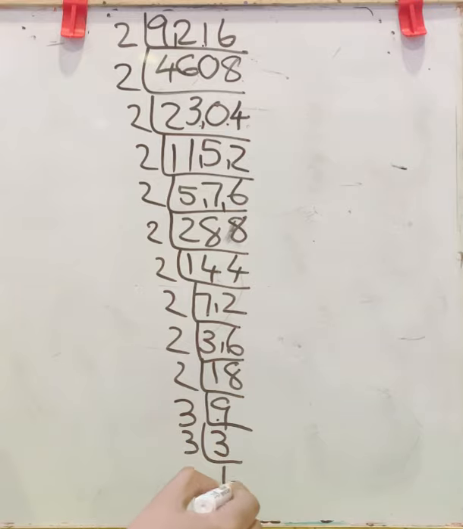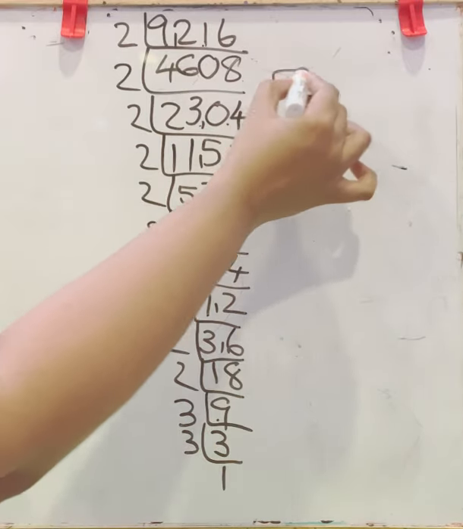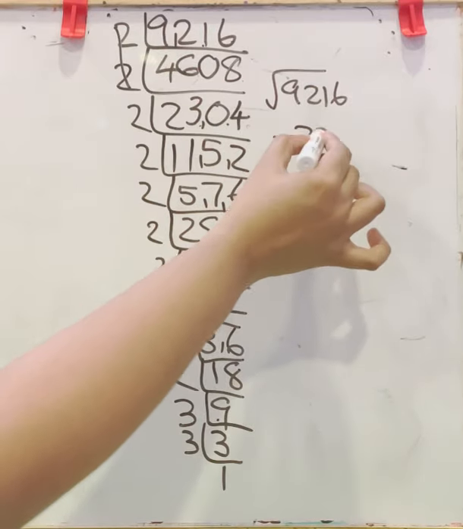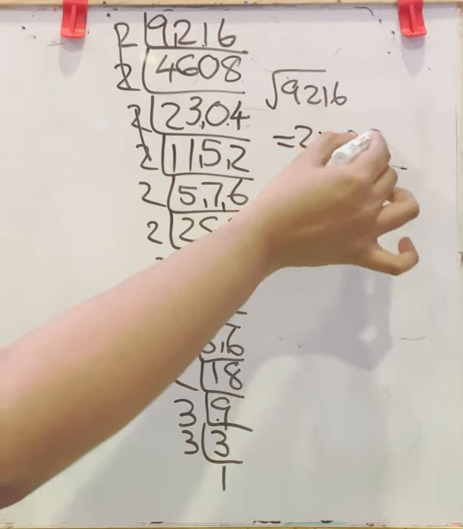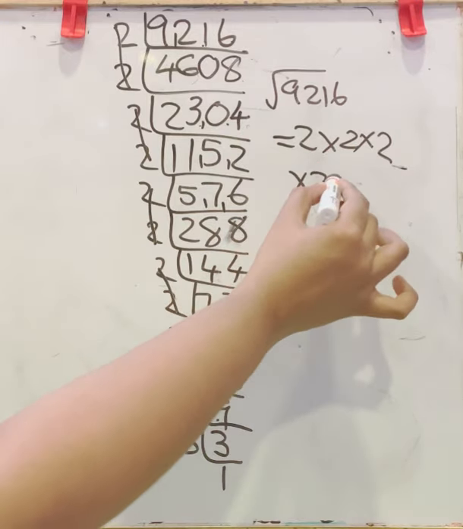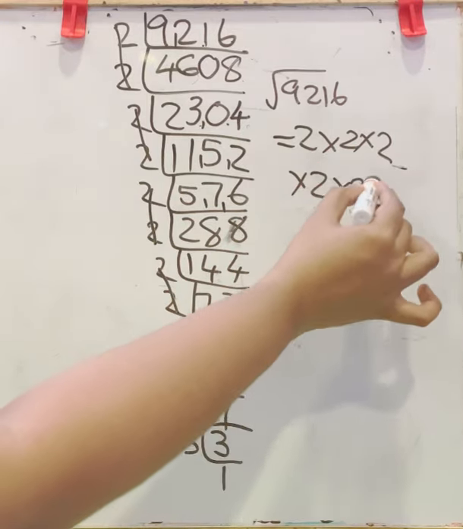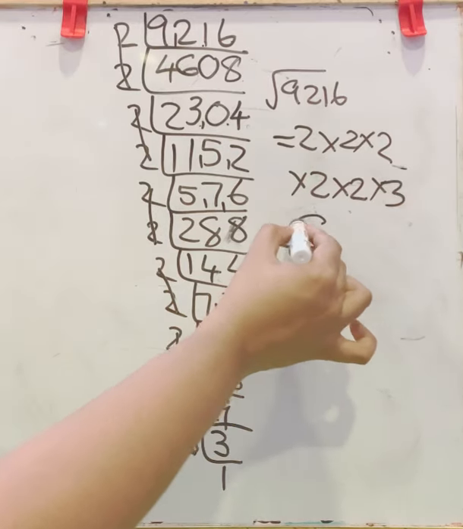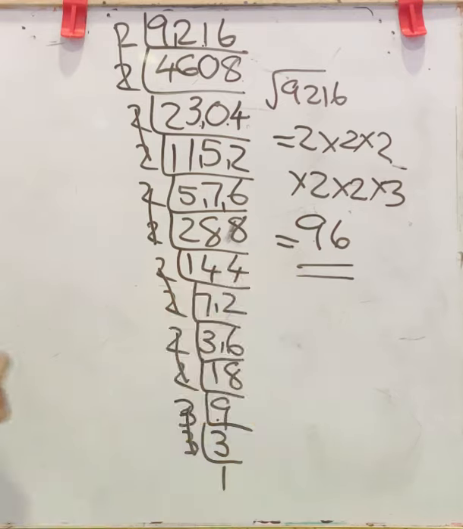Again 3 1s are 3. So square root of 9216 equal to, pair it. The product will be 96. This is the square root of 9216.